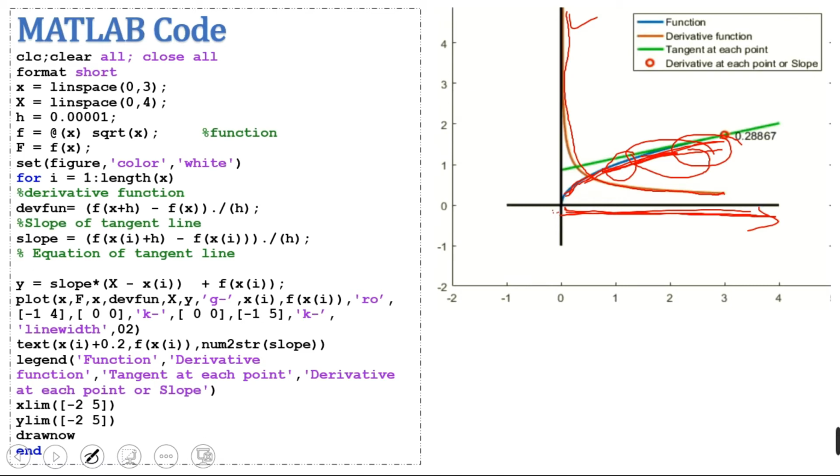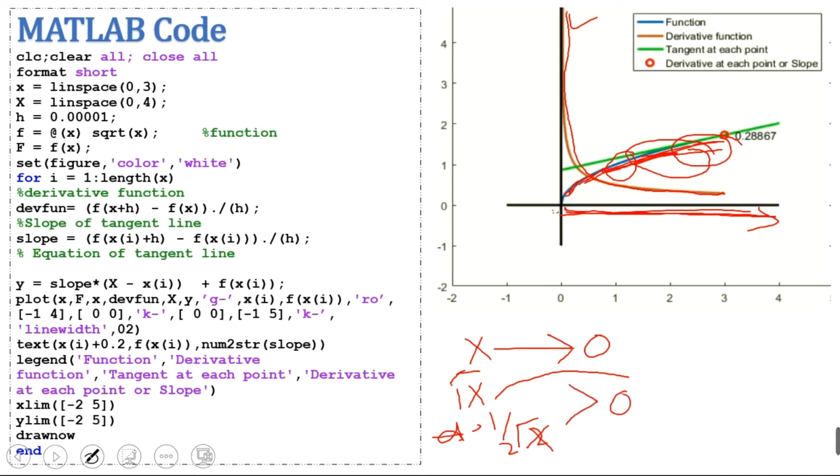We also see that the derivative of the function is positive as x is increasing. As x is increasing, the function is increasing, and the derivative of the function, 1 by 2 under root x, is positive for all values of x, as x is increasing from 0 to 3.